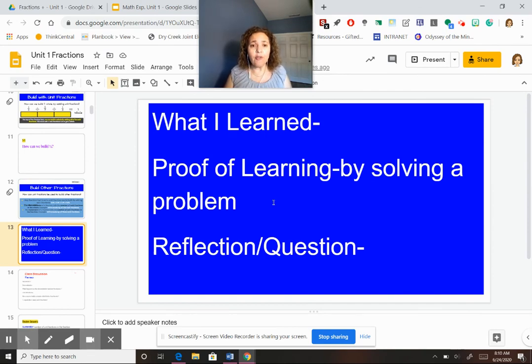And then if you still have a question or reflection, something that you can reflect about, or a connection that you made to what you learned about this topic, you can write a reflection here, or you can write a question. If you still have a question for me about what a unit fraction is, write it down here in your math notebook, and then we'll talk about it tomorrow.